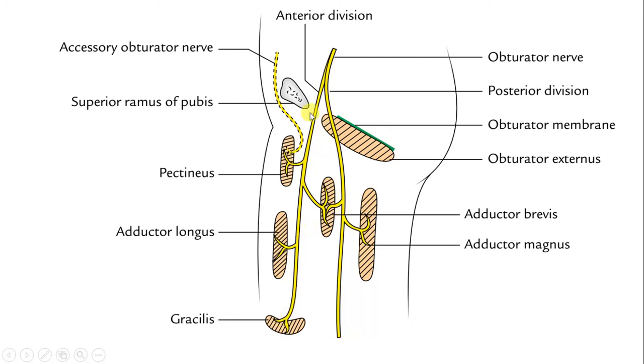And you can appreciate here also that this pectineus is supplied by the anterior division and the obturator externus is supplied by the posterior division of obturator nerve. The posterior division continues downward, and it will enter into the adductor canal, and then it will supply the genicular branches to the knee joint.